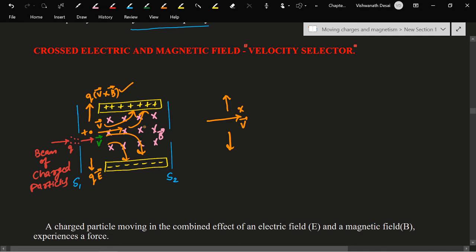But if a particular charged particle is moving and the upward force and downward force acting on it are both equal, then the charged particle moves straight, and that particular charged particle can be received after slit S2. So many charged particles are coming into slit S1. Out of this beam, only the charged particle having a particular velocity can be received.